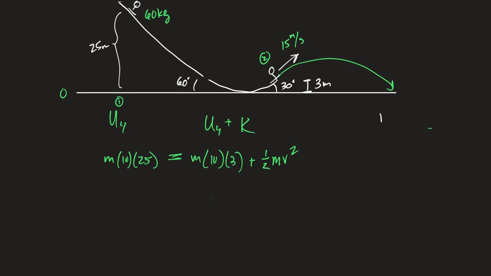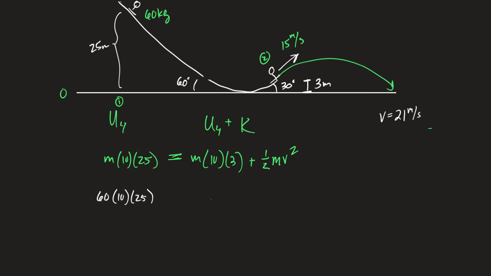Now, for those of you who don't know what the task is I've assigned and are having some difficulty doing this, please listen carefully. We were given the amount of energy the system had at the start. We were told how high the person started. So we know how much gravitational potential energy there is at the start of this problem.